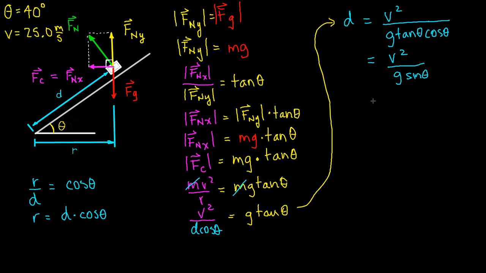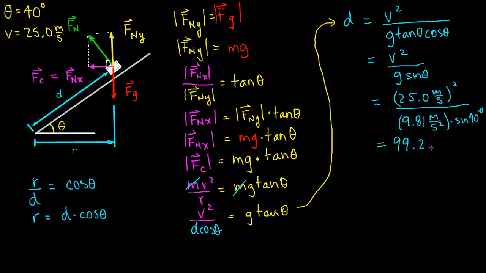Now substituting in our values, we have 25.0 meters per second squared over, I'm not sure what you're using for gravity, I'll use 9.81 meters per second squared times sine 40 degrees. And if I work that out on a calculator, I get 99.2 meters.